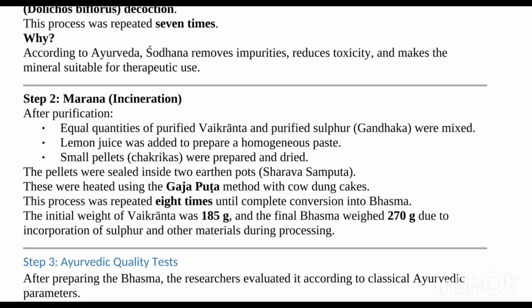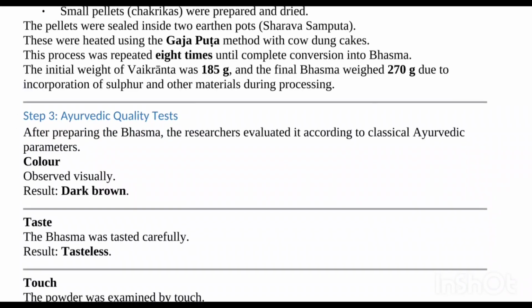These were heated using the Gajaputa method with cow dung cakes. This process was repeated 8 times until complete conversion into Bhasma. The initial weight of Vaikrant was 185 grams and the final Bhasma weighed 270 grams due to incorporation of sulfur and other materials during processing.